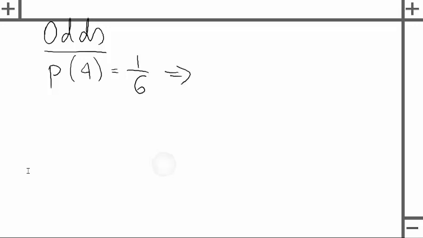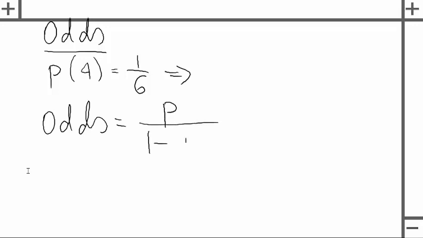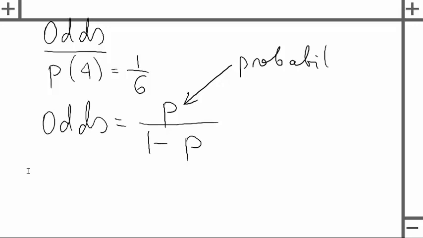So here is the formula for the odds, ladies and gents. If I want to calculate the odds of something, then I have to take the probability of that something divided by 1 minus probability, okay? That's it. So, simply speaking, here is the explanation, okay? In the numerator, I have probability of an event happening, right?